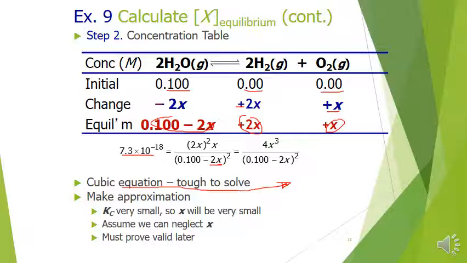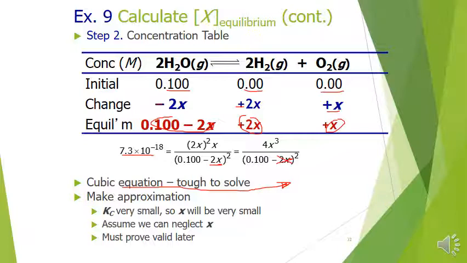So we can just throw it out. And then what you end up with is 7.3 times 10 to the minus 18th equals 4x squared over 0.1. And then we can simply solve for x cubed by taking the cube root.